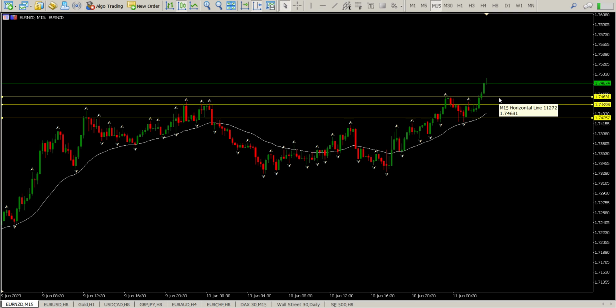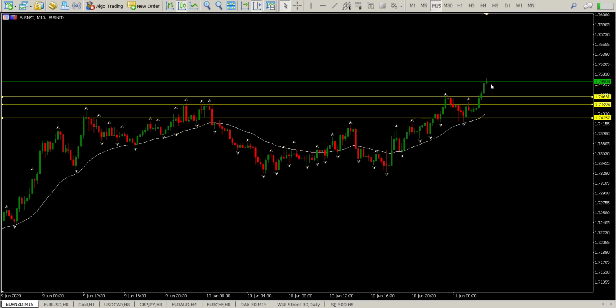So anything between 174.631 and 174.257. Any pullback back into that area and it holds, provided it doesn't break below the swing low here of 174.1584, then we are in an uptrend and you should expect a retest of this break, this area here.